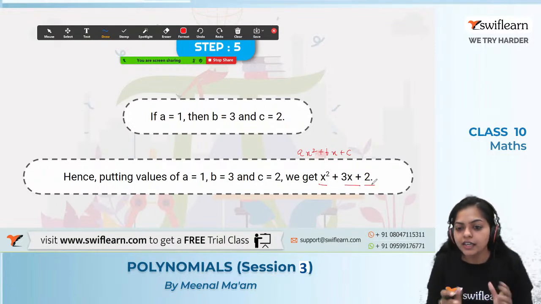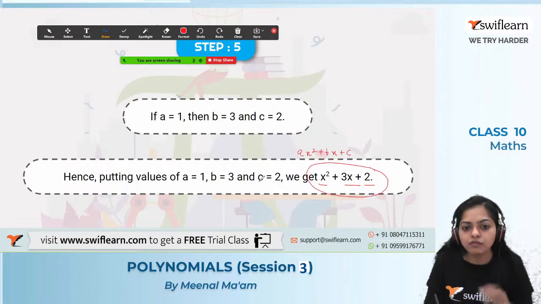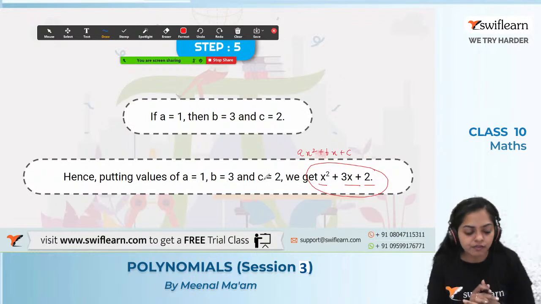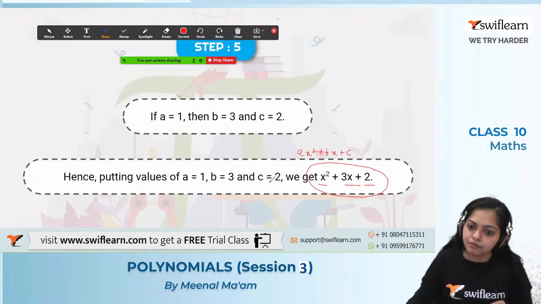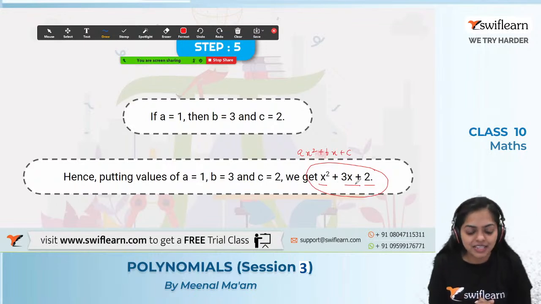So if the sum and product of zeros are given, we can find the quadratic polynomial like this. Got it, everyone? Yes?